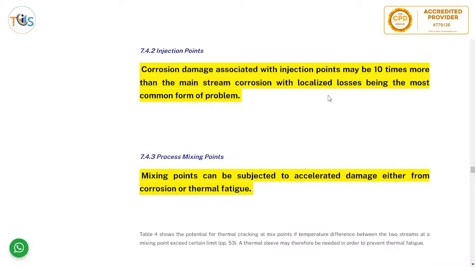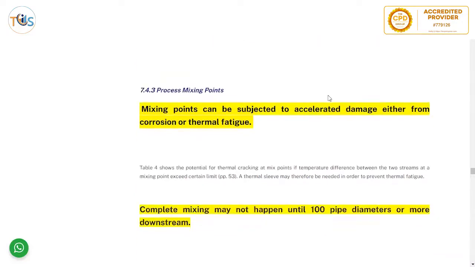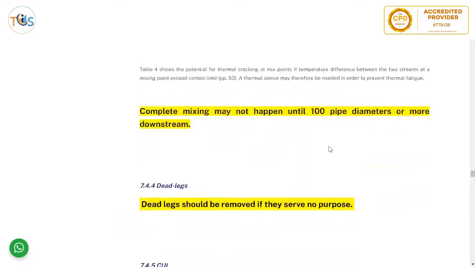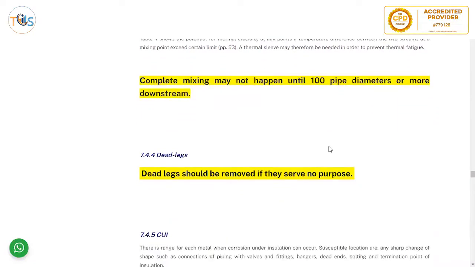Now, mixing points are where two mainstreams meet. Mixing points can be subjected to accelerated damage, either from corrosion or thermal fatigue, because of the difference in temperature and the turbulence created when mixing two mainstreams. Table 4 shows the potential for thermal cracking at mix points if the temperature difference between the two streams exceeds a certain limit.